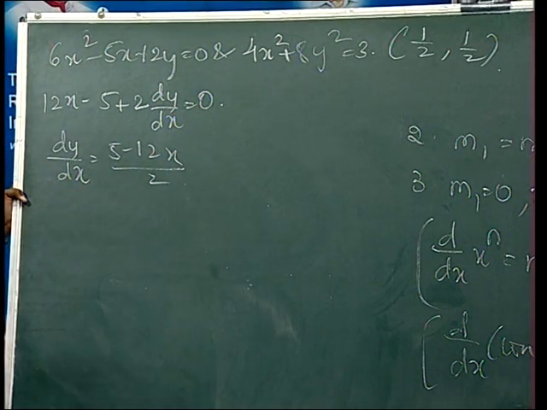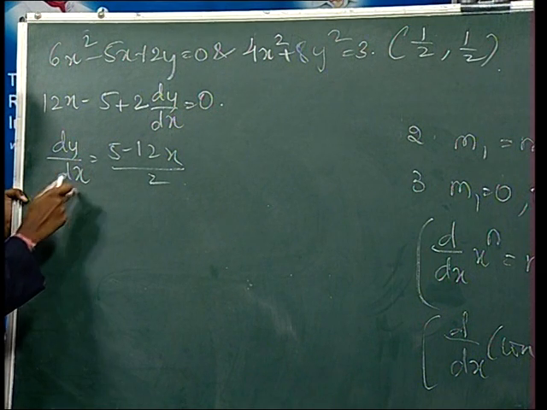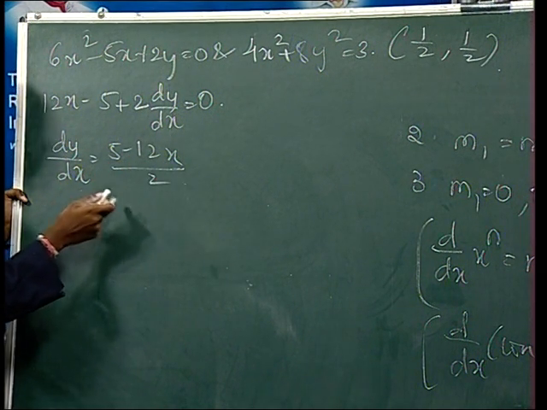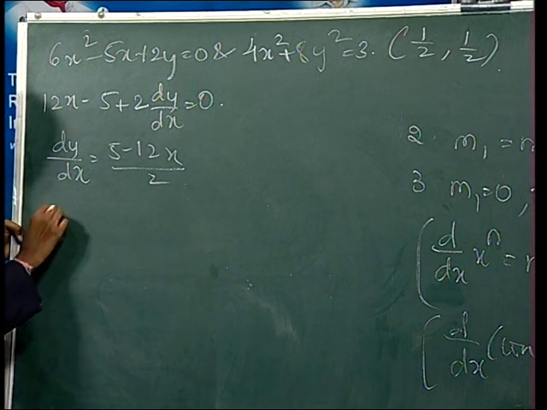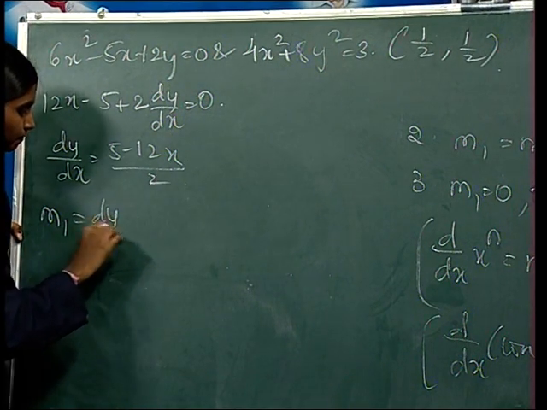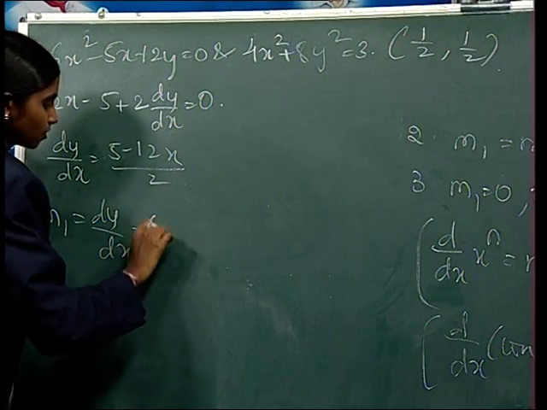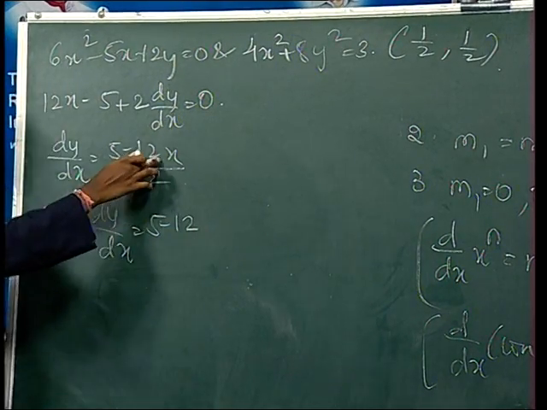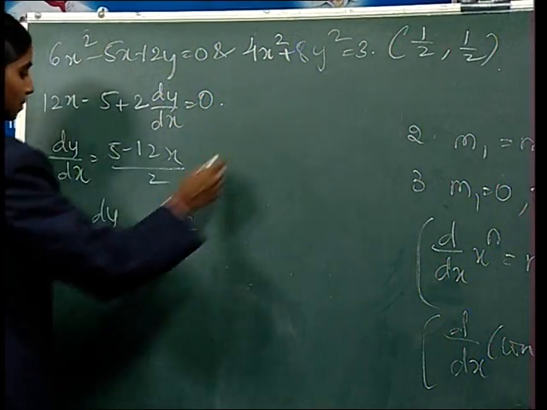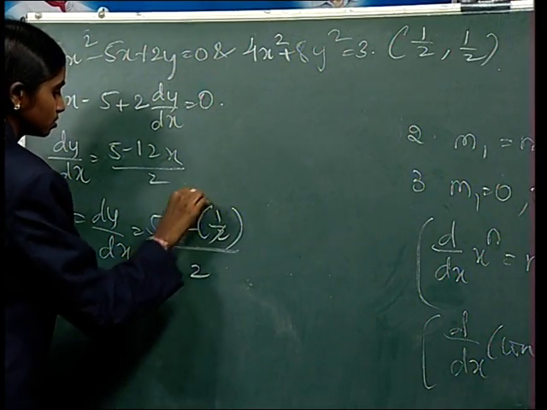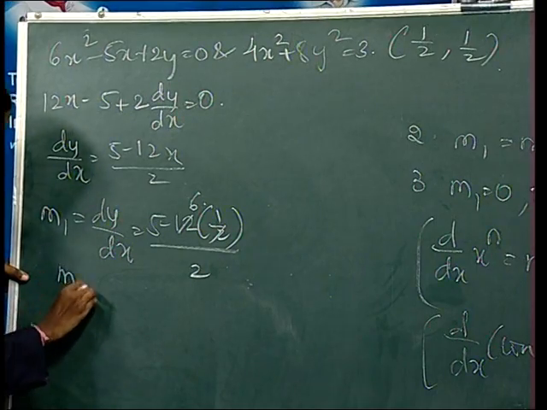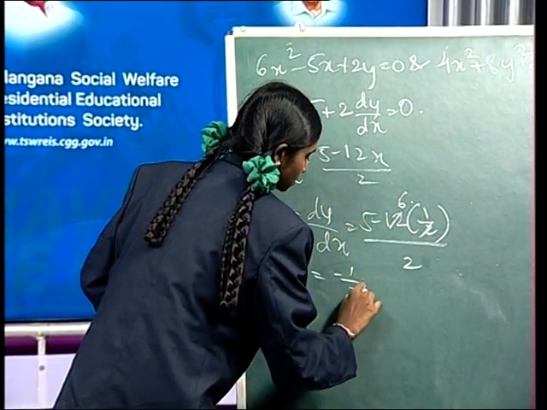The slope of the first curve is represented as m1. So, m1 is equal to dy by dx is equal to 5 minus 12 and in the place of x we substitute 1 by 2, divided by 2. So, it becomes m1 is equal to minus 1 by 2.